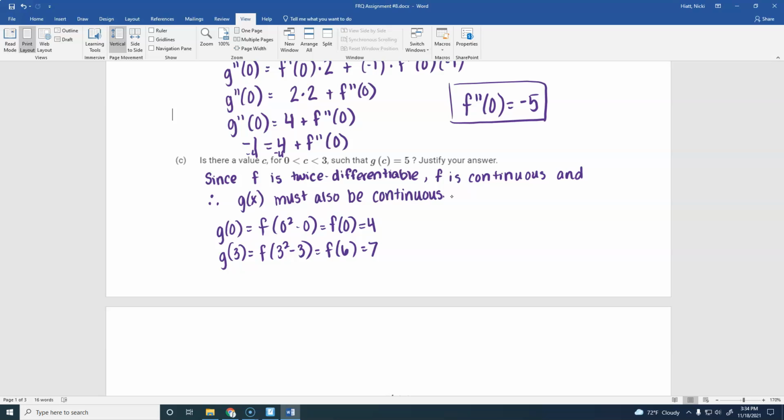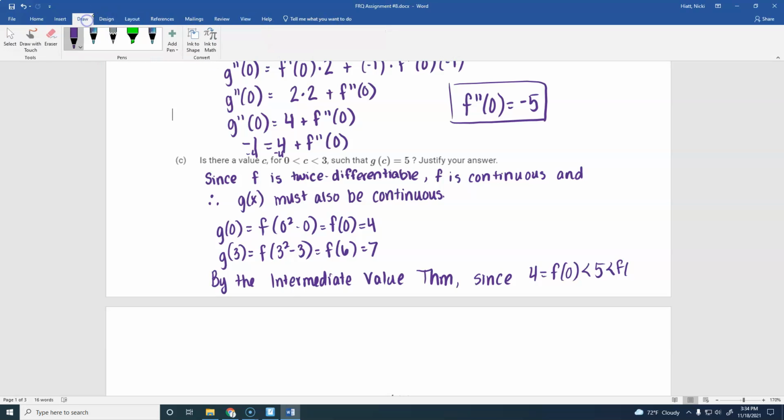And so we do see that 5 is between those, so we would say by the intermediate value theorem, since 4 equals, instead of F of 0 there, let's do G of 0, which is less than 5, less than G of 3, which equals 7.